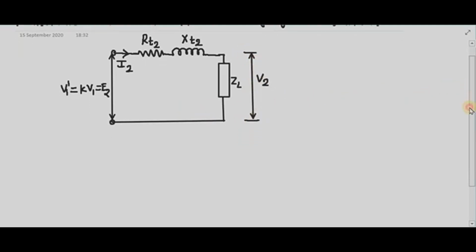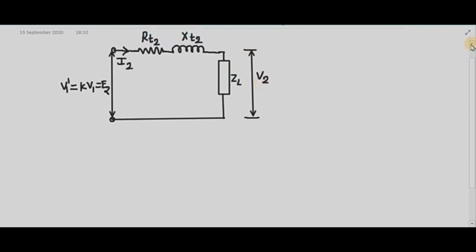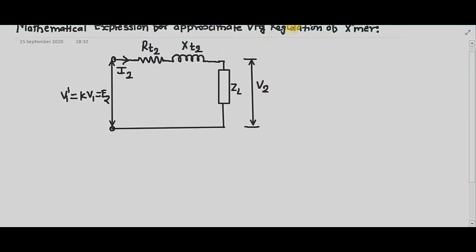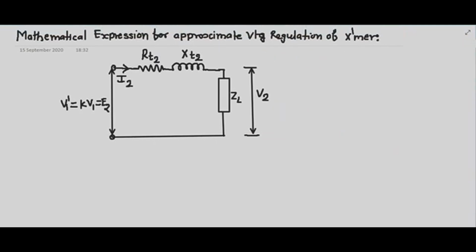Let us now draw the phasor diagram for lagging power factor. So what will be my reference vector? V2. From this diagram only I will draw the phasor diagram. So I will take V2 as a reference vector.